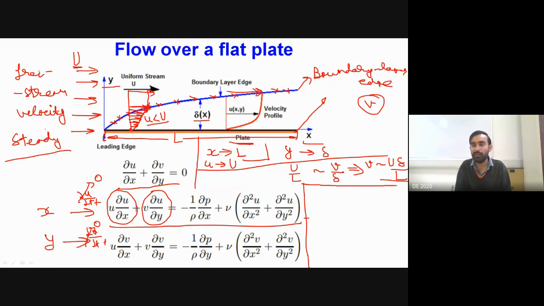In my first term, I have u del v by del x, so I'll get U, and for v I have the scale U delta by L, so it automatically becomes U square delta by L, and for x also I have L. Then the second term, v del v by del y: v into v once again becomes U square delta square by L square, and because of del y I'll find delta.